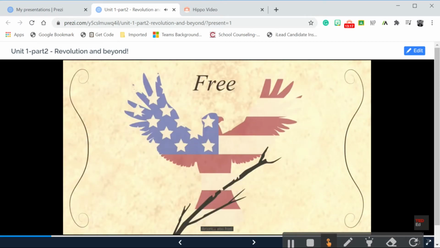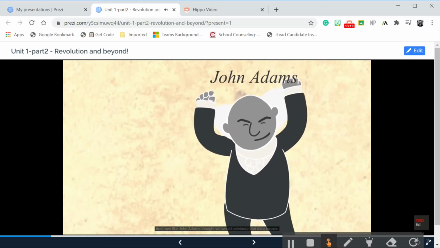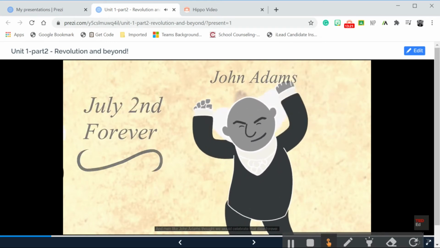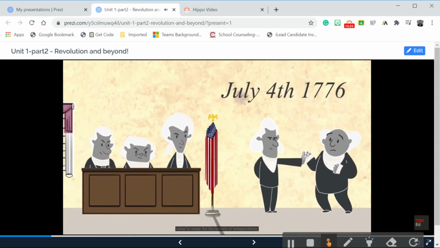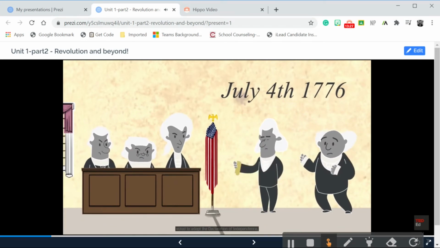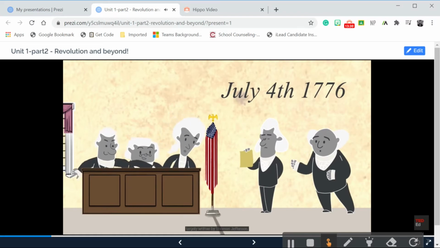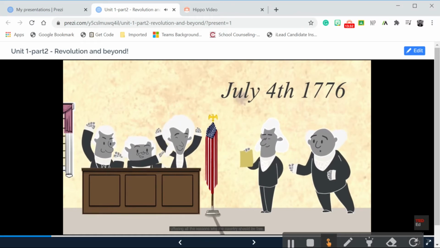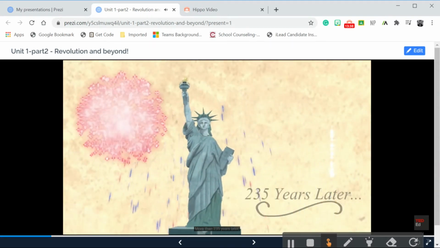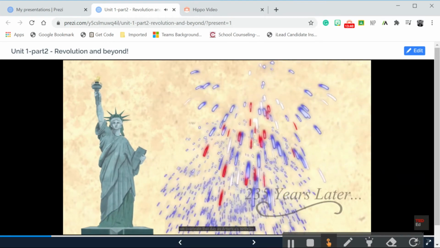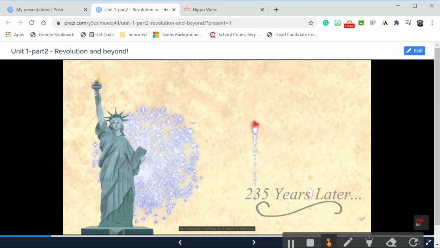America was free, and men like John Adams thought we would celebrate that day. But it was 2 days later that the Continental Congress voted to adopt the Declaration of Independence, largely written by Thomas Jefferson, offering all the reasons why the country should be free. More than 235 years later, we celebrate that day as Independence Day.